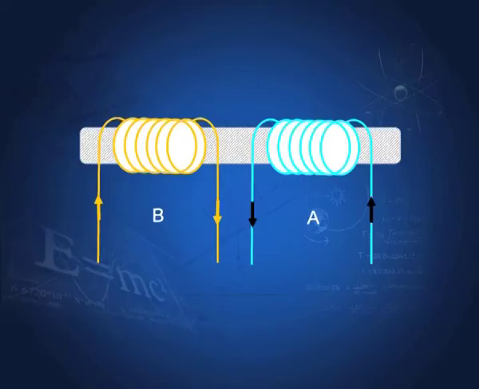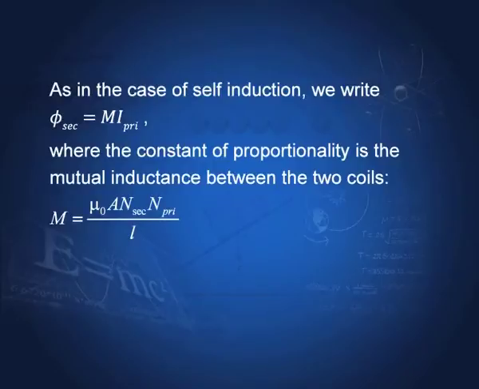If we produce current in this or reduce current in this, then the effect is felt in B. Therefore, M is mu 0 A n secondary n primary by L. This is called mutual inductance.